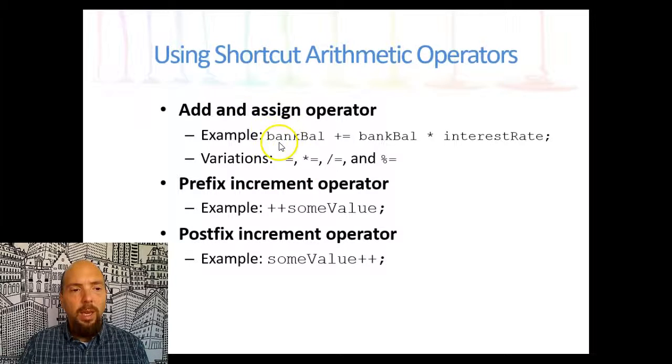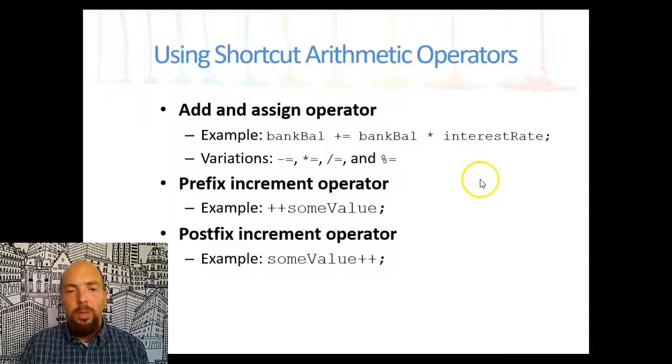In this case here we have a bank balance, and whatever's currently in the bank balance, we're going to calculate whatever the bank balance is times the interest rate, and then we're going to add it back into bank balance over here. So what happens is we're going to take the existing value, add it to the calculation, and then stick it back into this value.